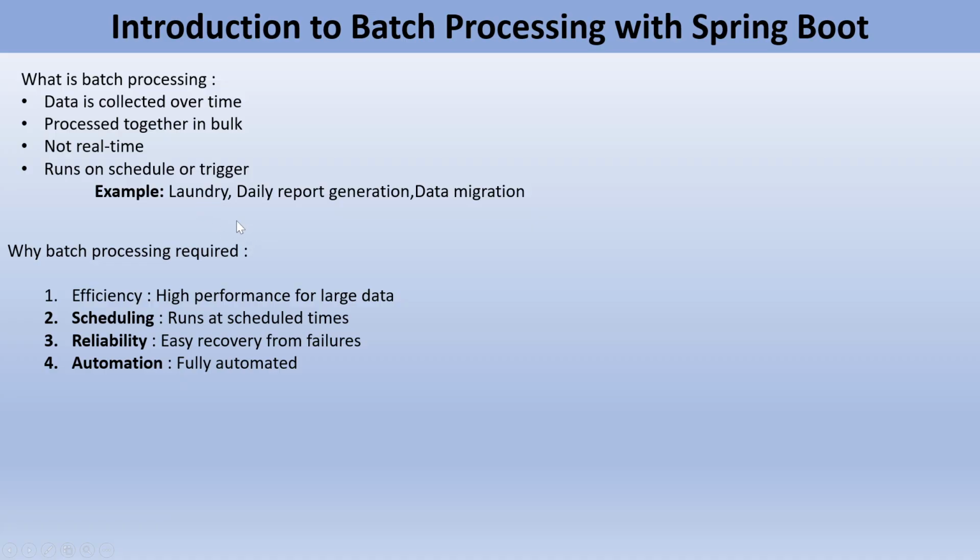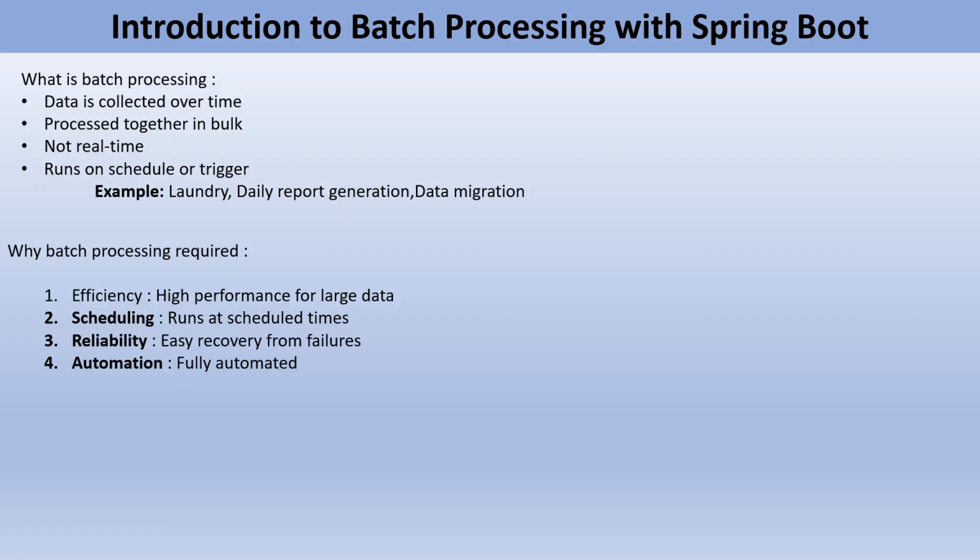Some examples are laundry, daily report generation, data migration. There are a lot more examples, and I highlighted some small ones here. A simple example is laundry, washing clothes. We don't wash one cloth at a time.